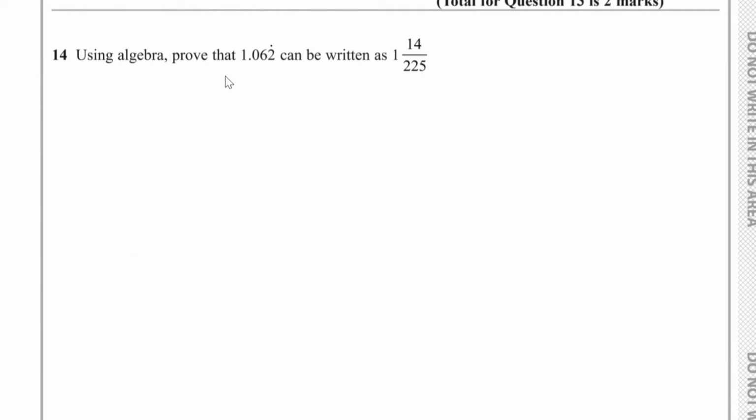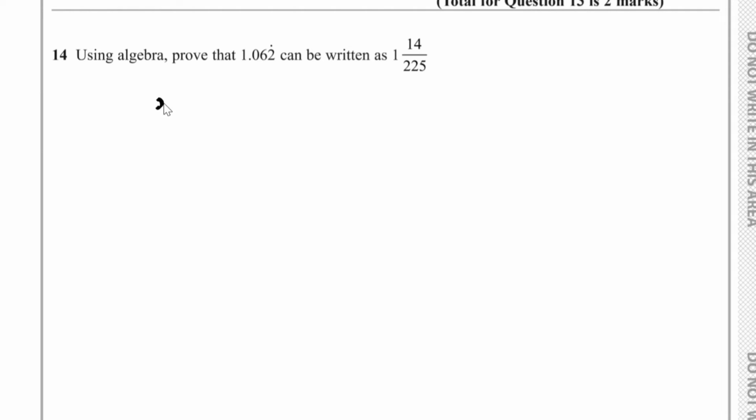Question 14. Using algebra, we have to prove that 1.062 recurring can be written as 1 and 14 over 225. So, the way we can go about this is as follows.